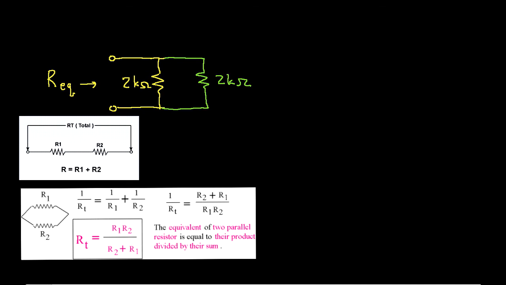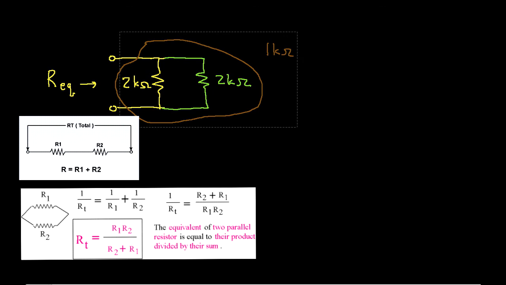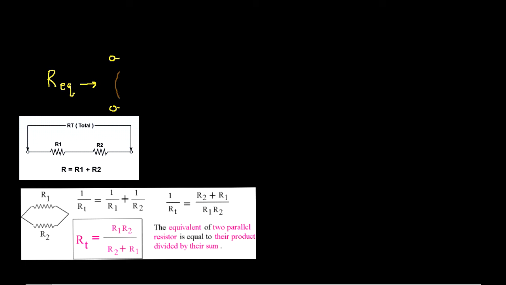I have a 2 k ohm resistor in parallel with another 2 k ohm resistor. So again, it turns out we've worked this one. It's 1 k ohm. We can replace the parallel combination with a single resistor that has a value of 1 k ohm. And we'll even get rid of this ugly brown spot here.